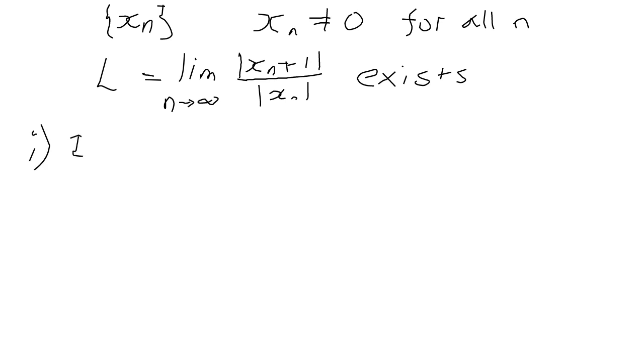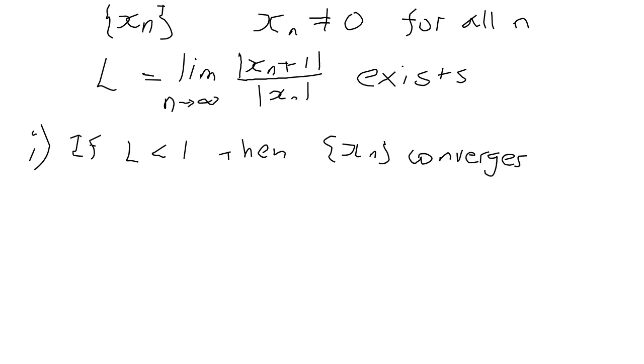If that limit L is less than 1, then the sequence x sub n converges. I wonder if I can squeeze it in here. Yeah, I can squeeze it in here.